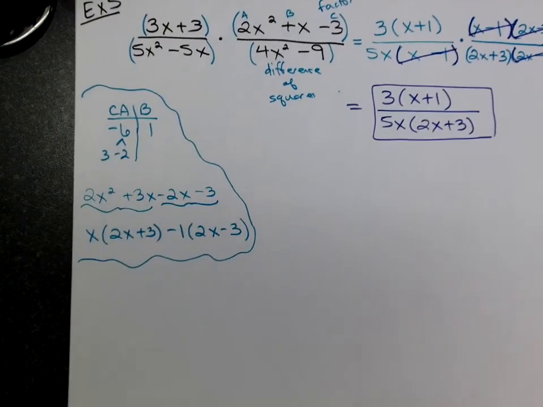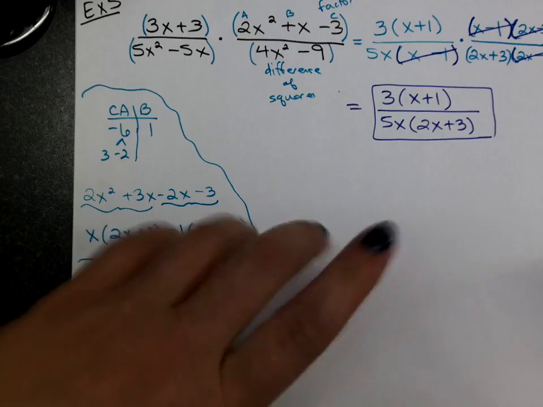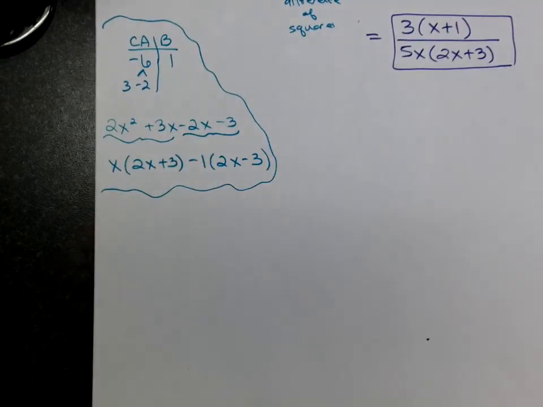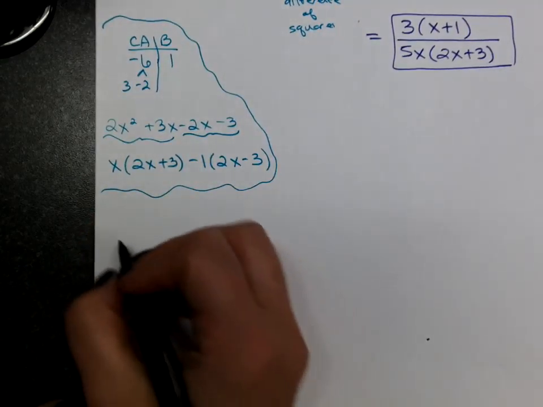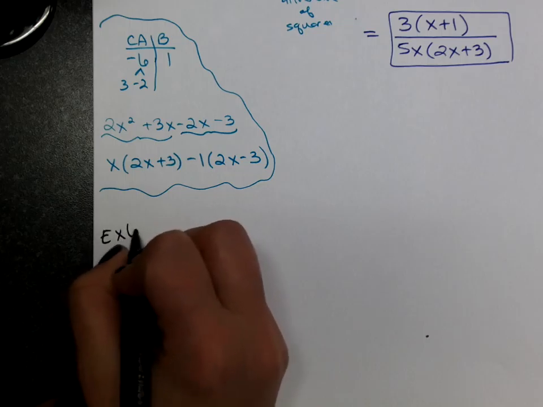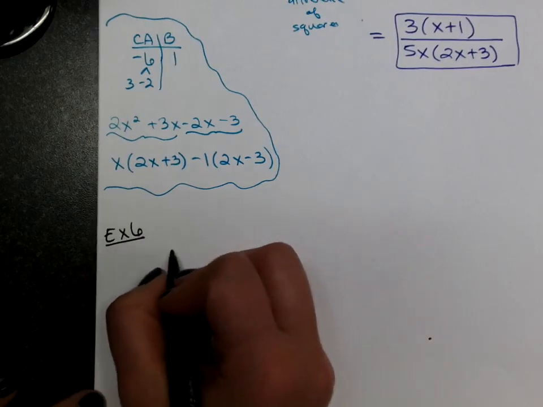Alright, I'm going to put one more up here for you to try. Just pause the video, try it on your own first, and then see how you do. This is example 6. And then I'll make a separate video for dividing.